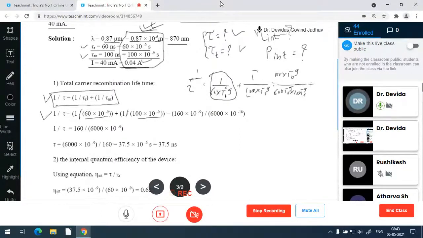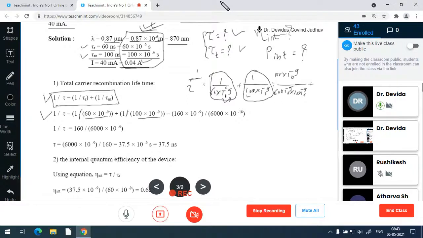Now for the second term, again, we will multiply both numerator and denominator by the denominator of the first term. If you multiply the same term in the numerator and denominator, the value doesn't change.